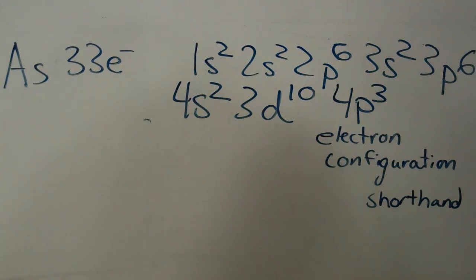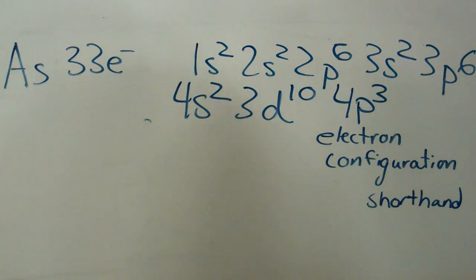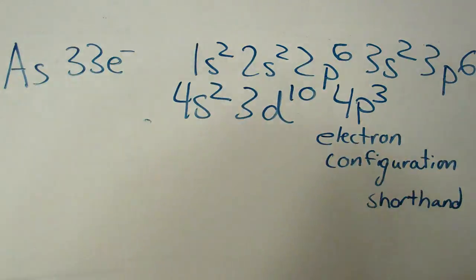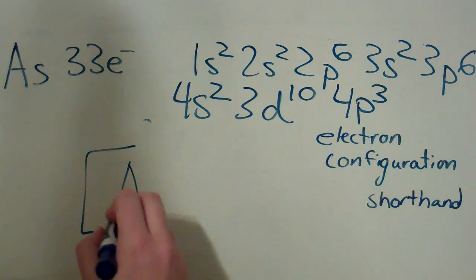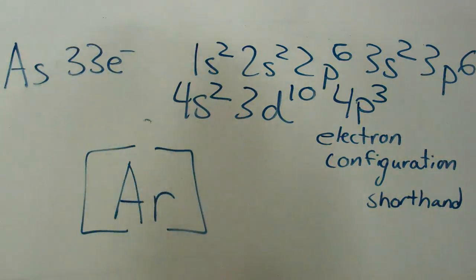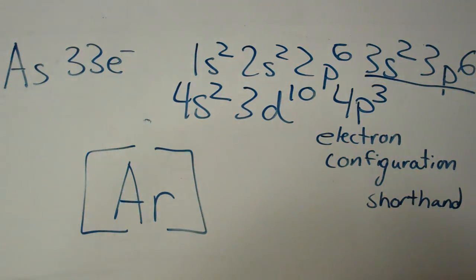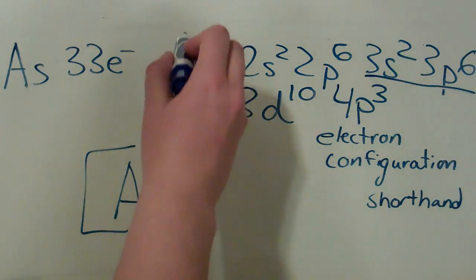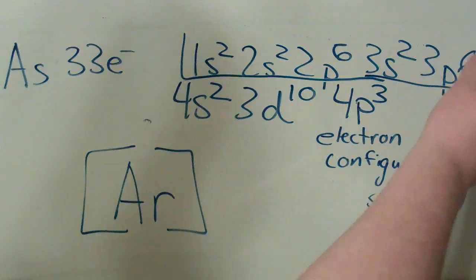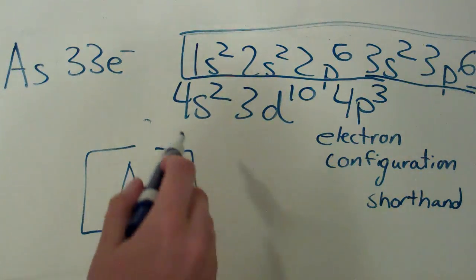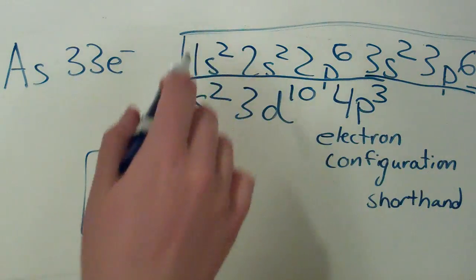So the big question is, how do we write the shorthand? If you note, the last noble gas before arsenic is argon, so we can write argon in brackets. Argon has the electron configuration that ends with 3s2, 3p6. Argon is represented by all of this, so we need to include only the stuff that is not represented by argon.